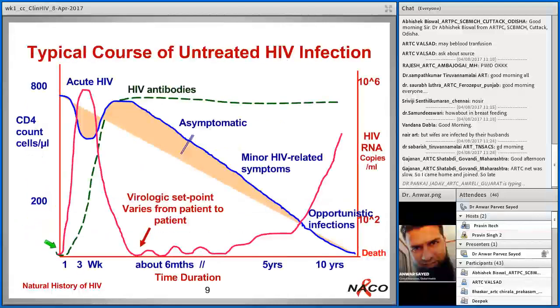This graph is also very important. If you see here, there are three lines: red or pink line, blue line and dotted green line. The pink line is your viral load.